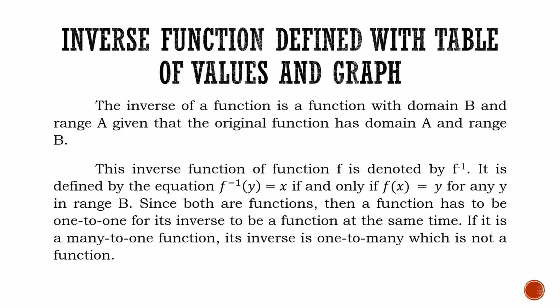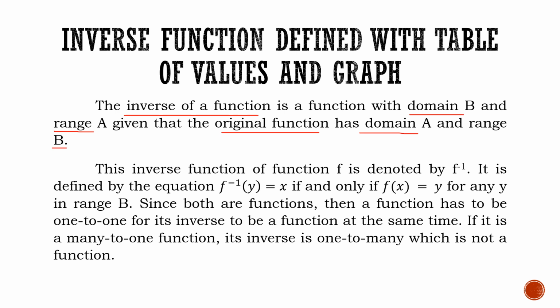Let's deal now with the inverse function defined with table of values and graph. The inverse of a function is a function with domain B and range A, given that the original function has domain A and range B. Meaning to say, whatever your domain in your original function, that will be your range in your inverse function.